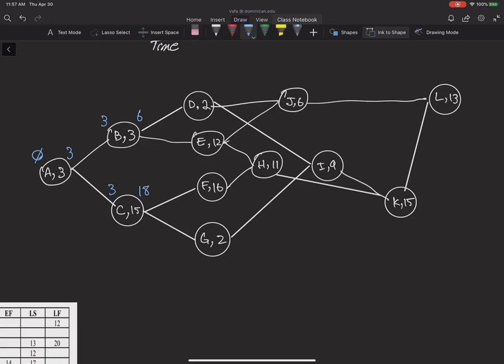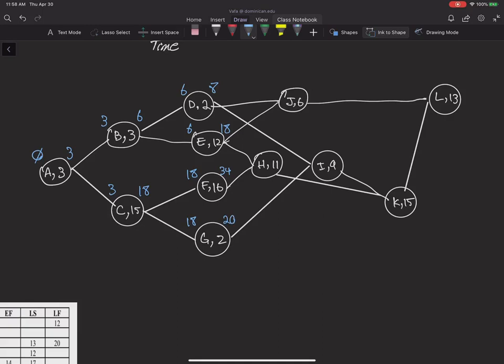Early start for D and E would be 6. 6 plus 2 gives me 8 for early finish of activity D. And 6 plus 12 gives me 18 for the early finish of activity E. Early start for F and G would be 18. 18 plus 16 will give me 34 for early finish of activity F, and 18 plus 2 is 20.